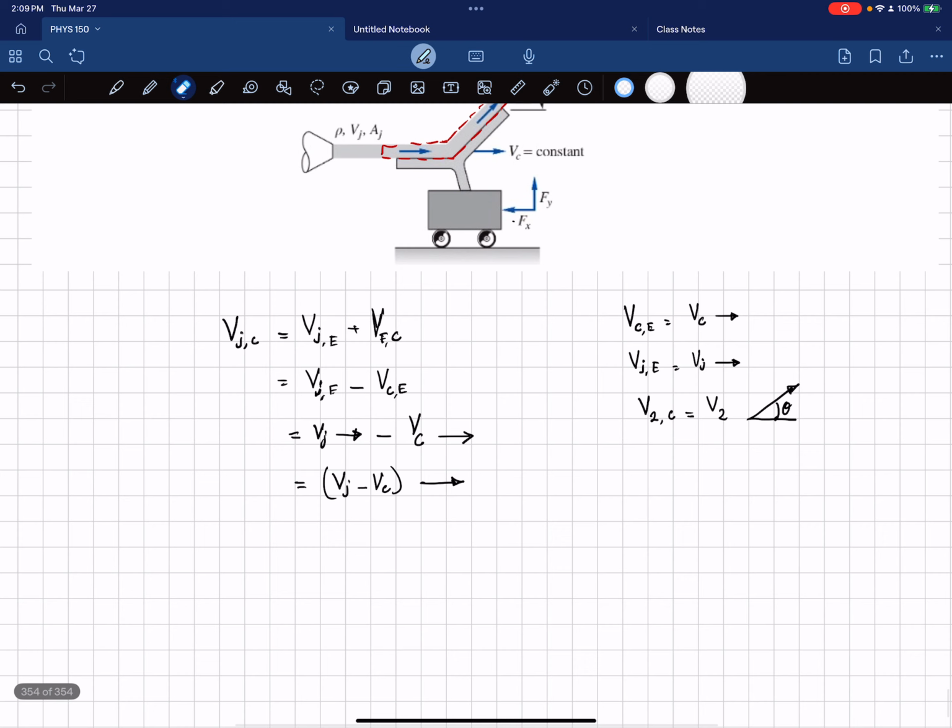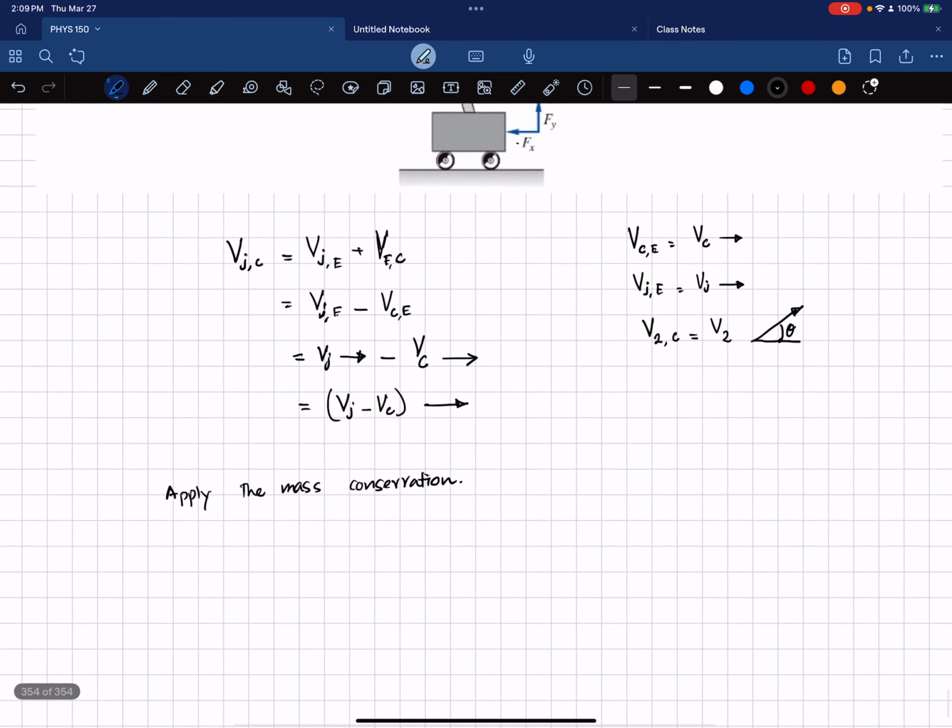That is actually V2, so we have already written that here and don't need to write it again. So the first thing is to find V2. To find the magnitude of V2, we apply mass conservation.